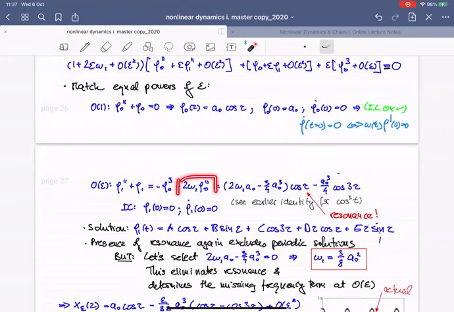And then I had this additional term, minus 2 omega 1 phi naught double prime. Now phi naught is a naught times cosine tau. I need to take the double prime of that. That gives me minus a naught cosine tau. And it's also multiplied by minus 2 omega 1. So that turns into plus 2 omega 1 times a naught times a naught, and that multiplies cosine omega t. I just want to give you an idea how this came about.